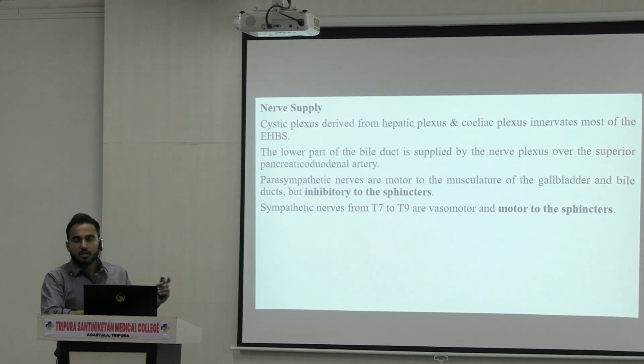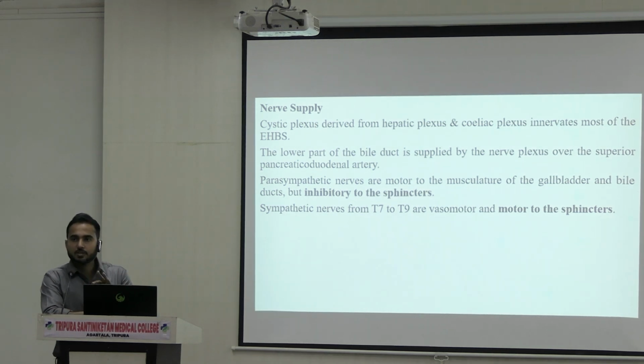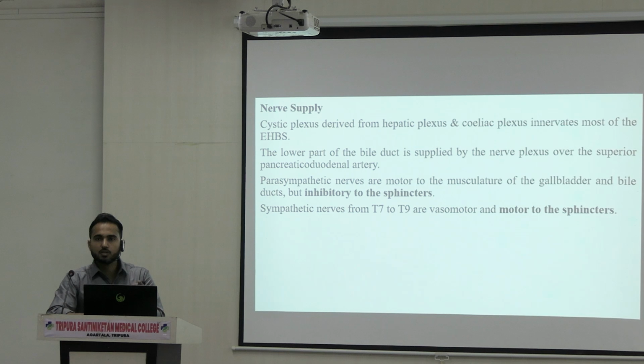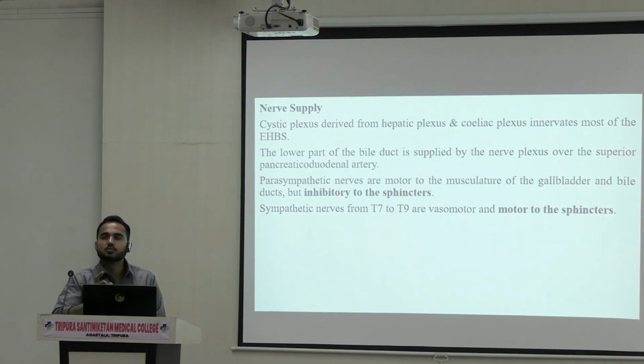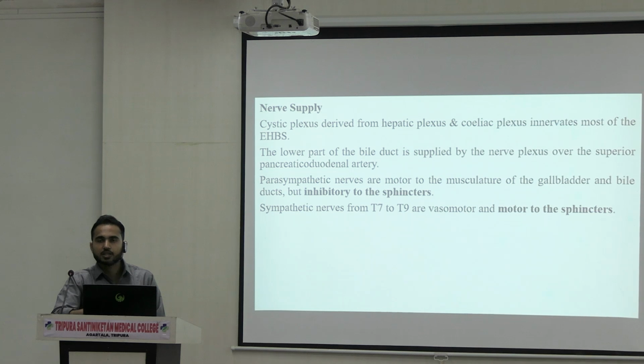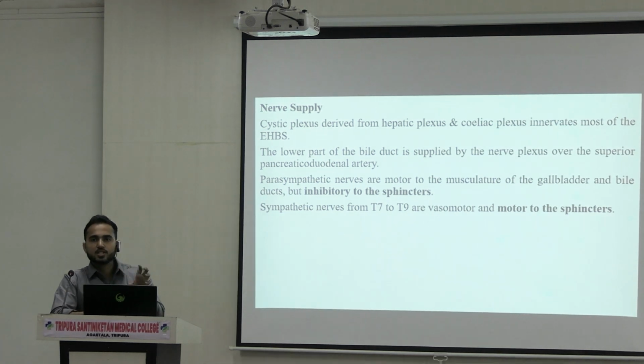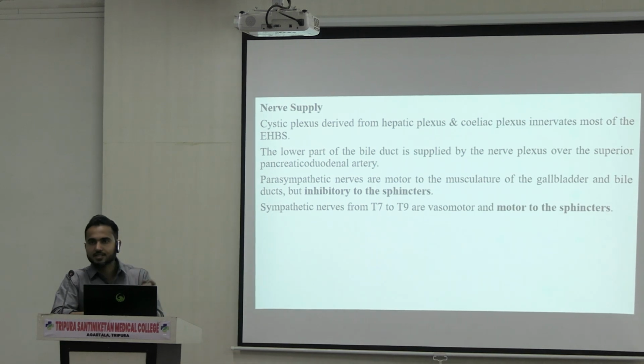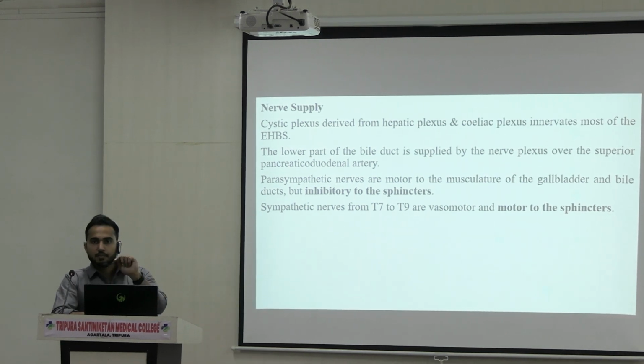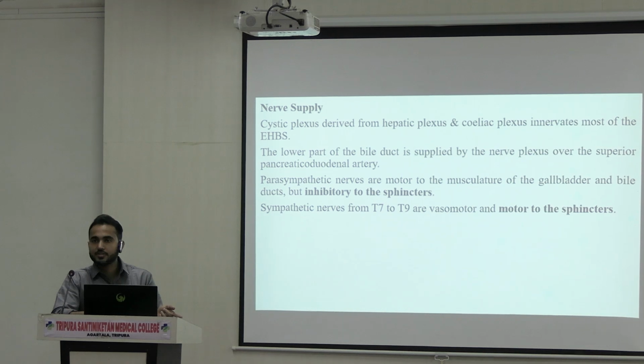In case of nerve supply of the extrahepatic biliary system, both components are present, sympathetic as well as parasympathetic. The parasympathetic is motor to the musculature of the gallbladder. That means whenever the parasympathetic nerve supply is there, the musculature of the gallbladder will contract. As a result, bile will come out. But they are inhibitory to the sphincters.